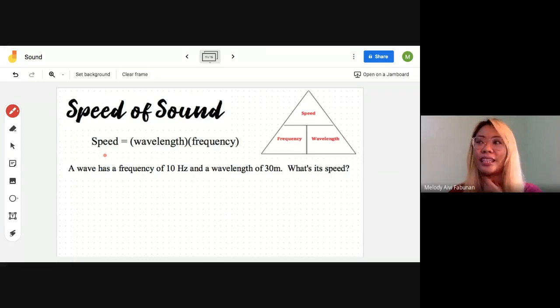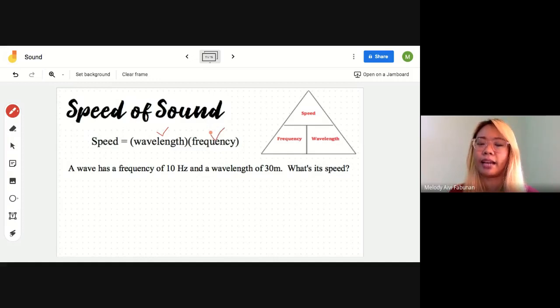So kanina, in-identify natin yung wavelength, and we said that the wavelength is the distance from one crest to another crest, or from one trough going to another trough. So now we also identified ano yung frequency. And with frequency, we said that we are going to divide the number of waves by the time.